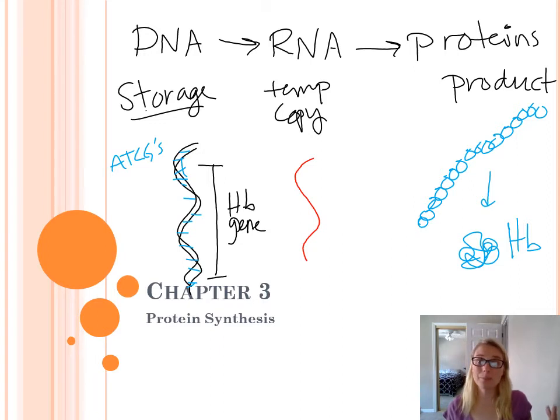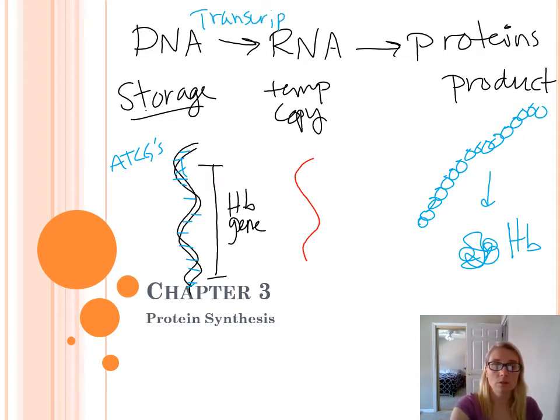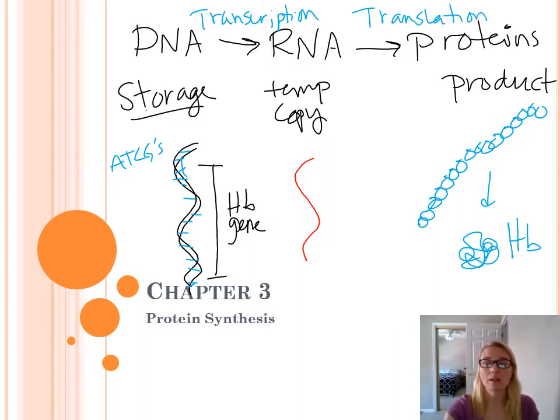Okay, so that's the big picture, that's the big idea. So now we're going to go into these processes, transcription first, which is taking the DNA and making this temporary copy, and then translation takes that temporary RNA copy and translates that into the protein. So DNA to RNA to protein.